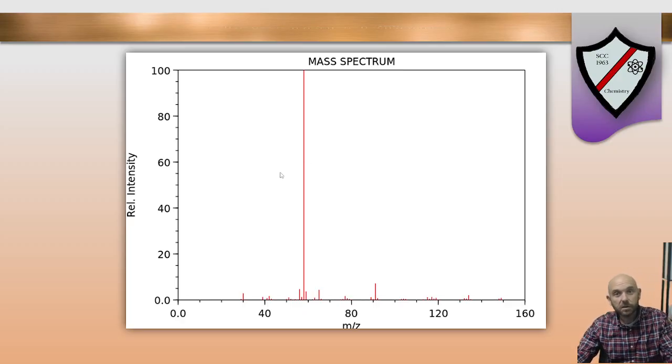So I can compare these against libraries of known spectra of molecules and use that as an identification tool, and it can tell you what this unknown molecule is.